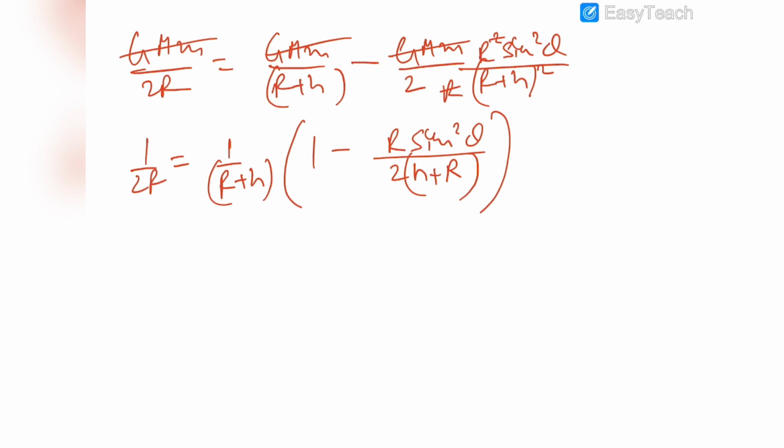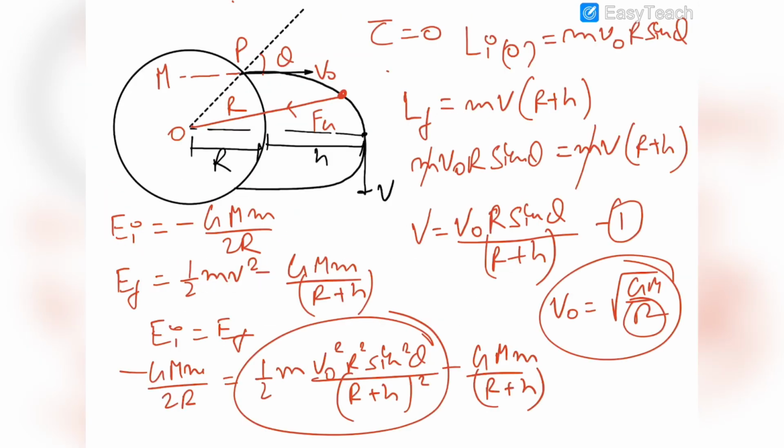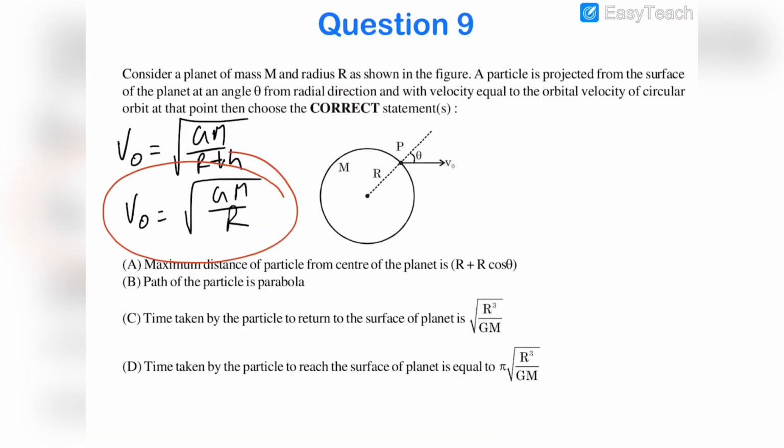This would be easy to solve. I'm not solving this equation, I've already solved it, and it satisfies that h is equal to R cos theta. So we can say that the maximum distance from the center would be R plus h, which is R plus R cos theta, which is option A.